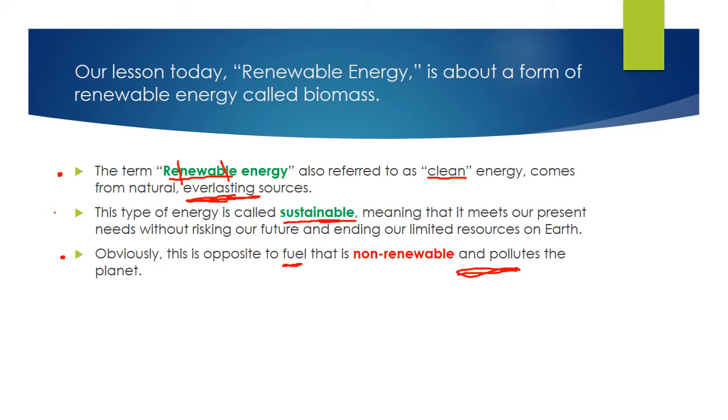The land will last. You can plant and replant and replant. Your shop is there. It is always open. You can sell so many things in it. This is what sustainable means. And so sustainable energy is an energy that lasts for a long time and doesn't use up the resources of our Earth.